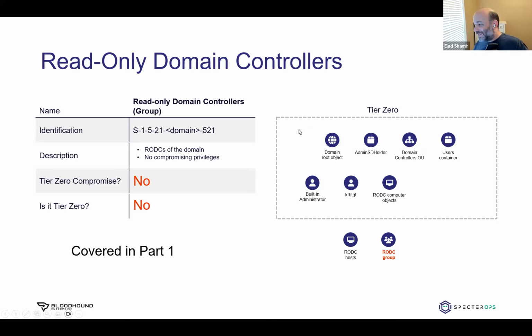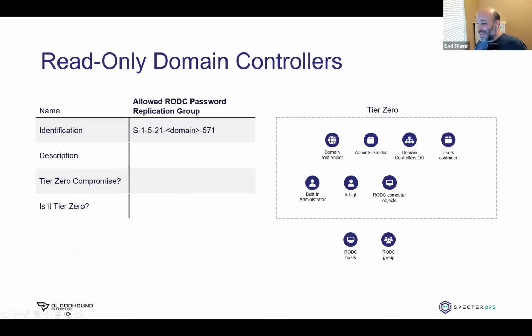All right, next is the allowed RODC password replication group. This is a default group for principals that can have their credentials retrieved by RODCs. If you provision a new RODC and just click next, next, next, then you will ultimately find that group in the RODC's allow list.